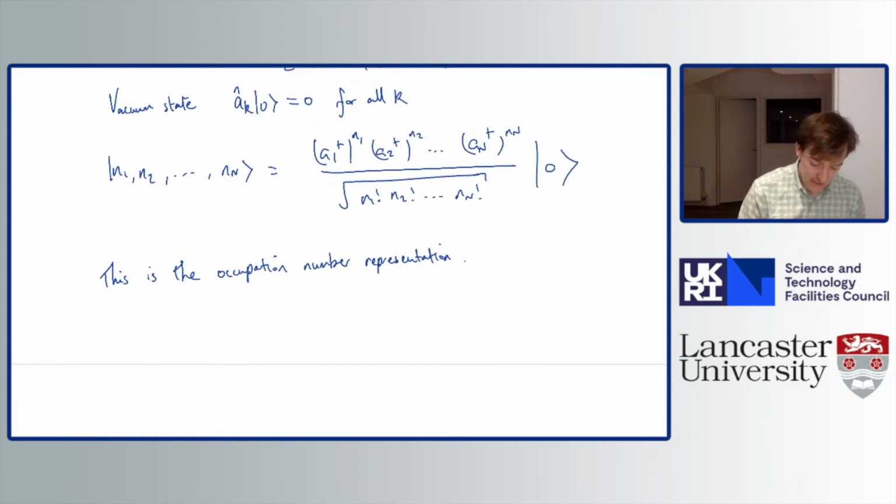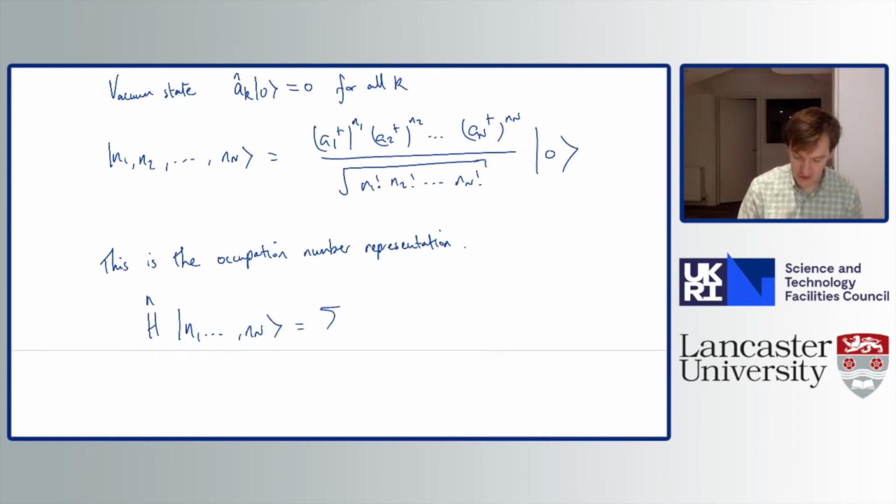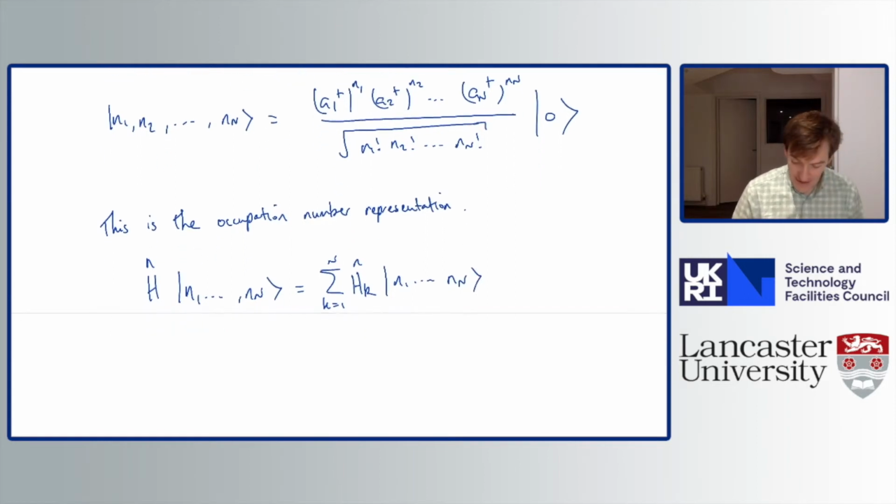Okay? So I guess I can give you an example of the types of things we can look at. So if we have a state labeled by n1 to nn, we could act on this with the total Hamiltonian operator. So from our definition of the total Hamiltonian, set as the sum of Hamiltonians for uncoupled oscillators acting on the state, this will just return the eigenvalues E1 plus E2 plus up to En times the state.